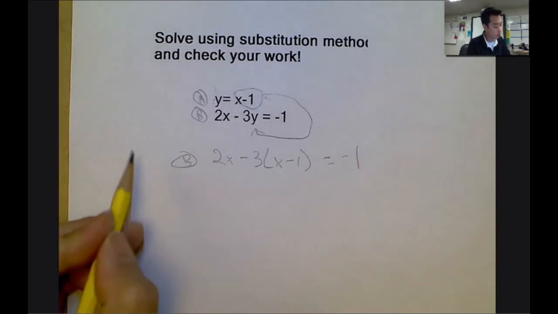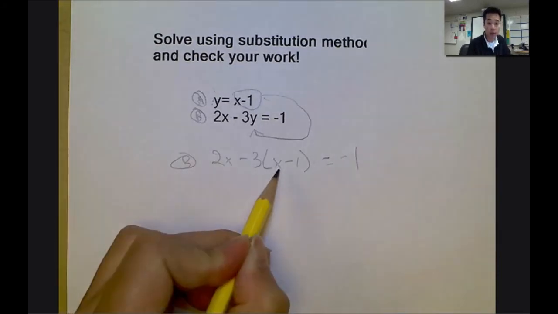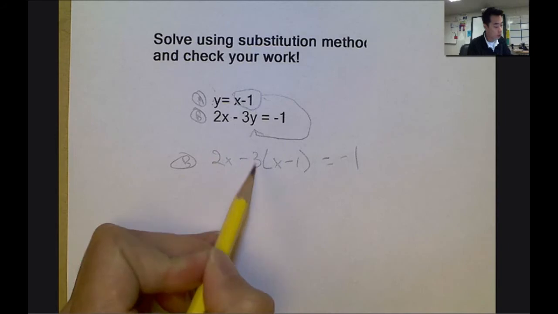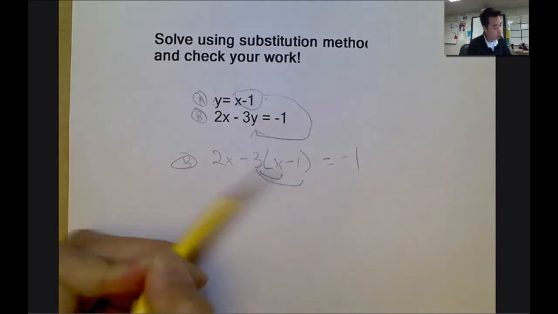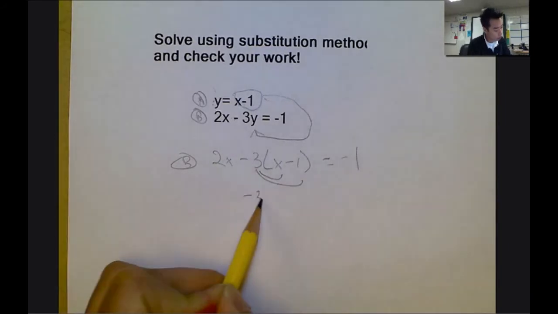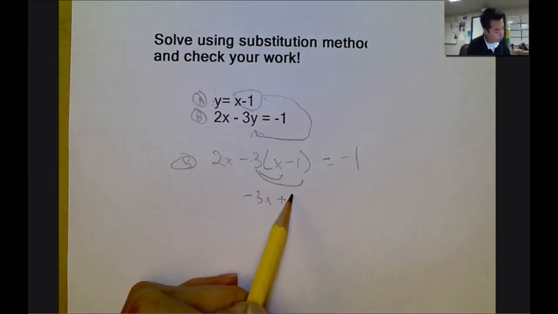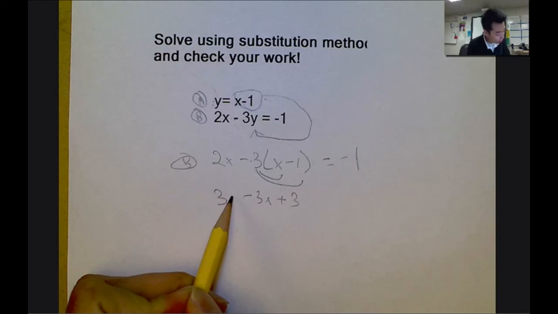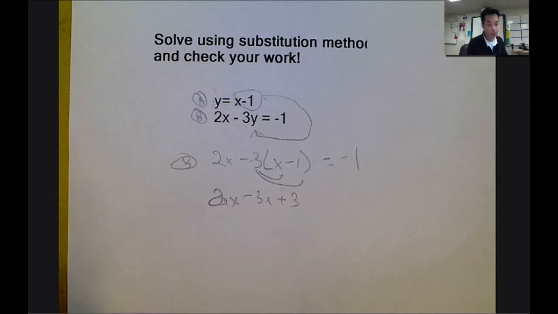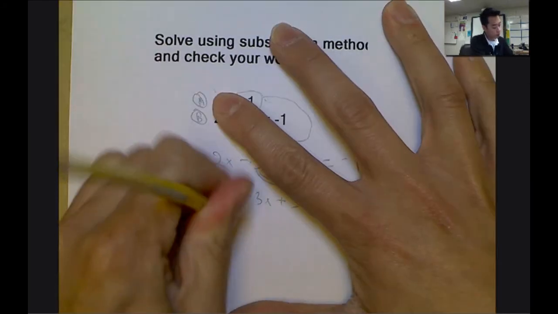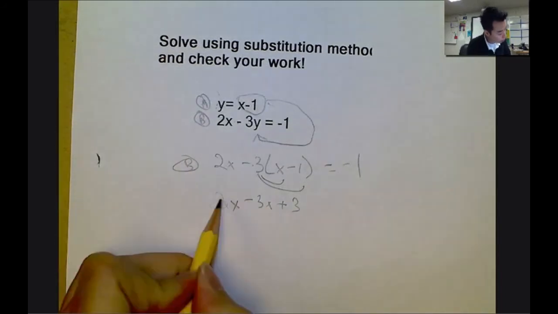From here, do your order of operations. Since you have an expression here, you're going to have to do the distributive property. So negative 3 times x is negative 3x. Negative 3 times negative 1 is positive 3. Bring everything else down, 2x.